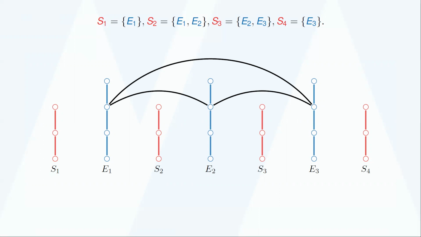It's not obvious, but it's a clique. So you connect them all together, and finally you connect a set to an element. If an element is in the set, like E1 is in S1, you connect the last vertex like this in green.